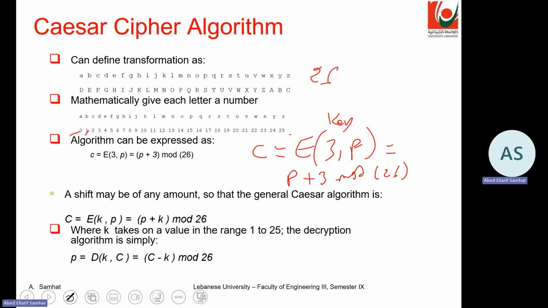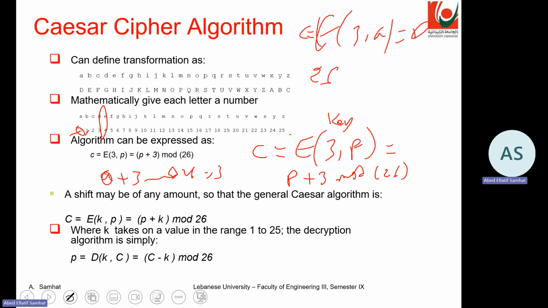So if you want to encrypt A, which is 0, then 0 plus 3 mod 26 equals 3, which is D. So the encryption of A equals D.